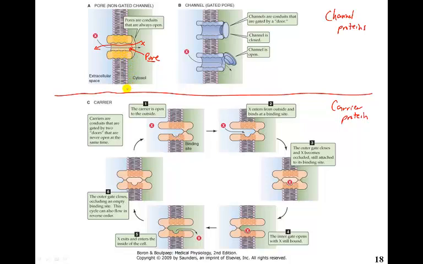But there are things that the protein can control. So first of all, a lot of channel proteins are what are called gated. Okay, so that's shown over here. They'll have a gate that'll either be closed, in which case nothing can pass through, or it will be open, in which case things can pass in or out.